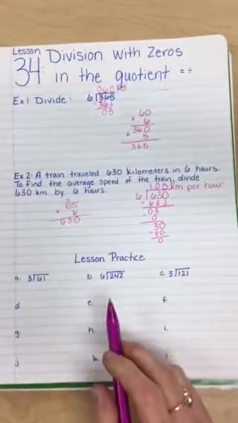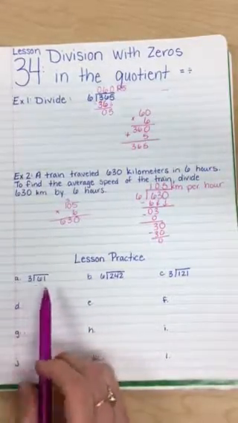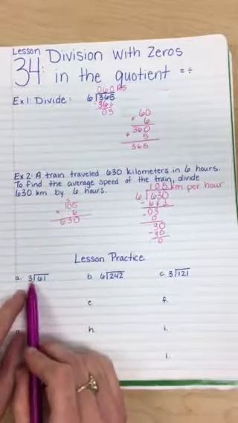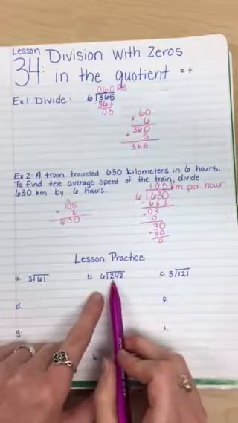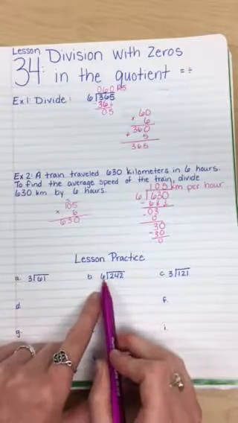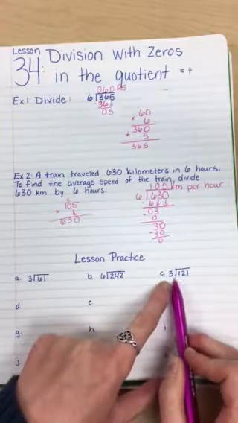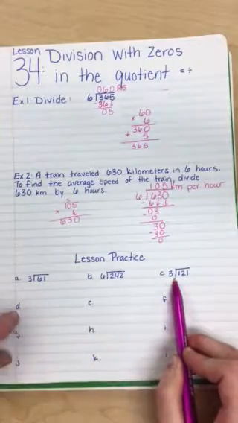All right, and then in lesson practice, we've got A, how many times can 3 go into 61, or 61 divided by 3? B, 242 divided by 6. C, 121 divided by 3.